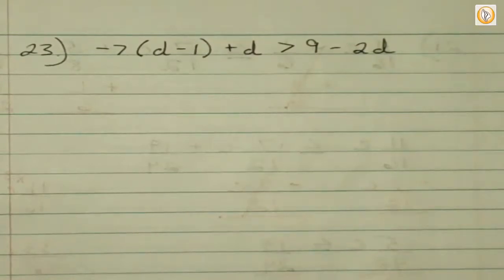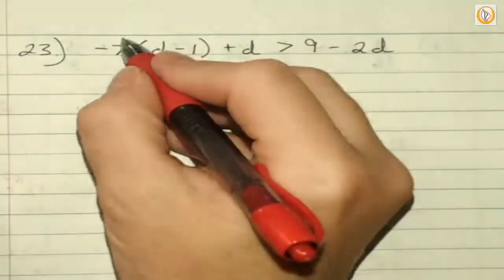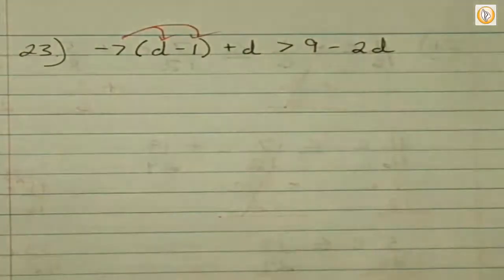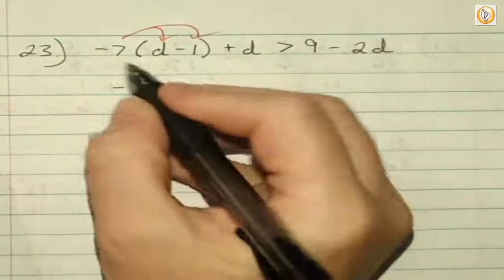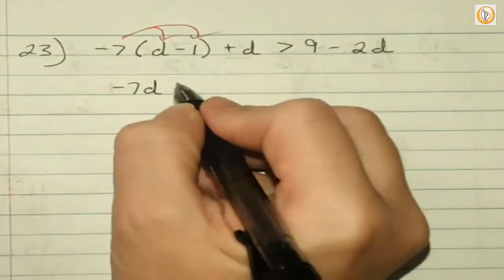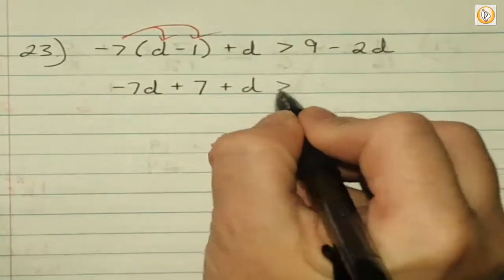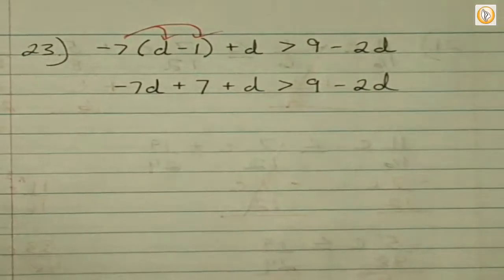Talk me through it. First you're gonna do distributive property with the 7. Yep, distributive property. So negative 7 times d is negative 7d. And negative 7 times negative 1 is positive 7. And I'm rewriting my problem. All right, now tell me what to do.